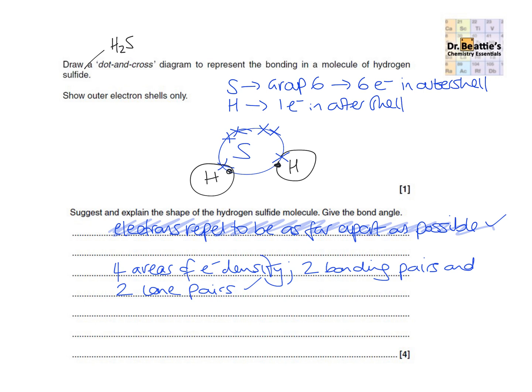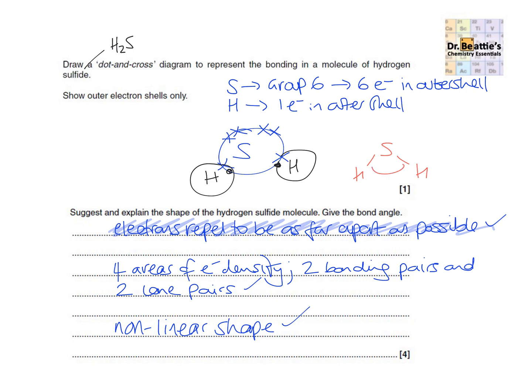And then with this information, we can deduce the shape and the bond angles. So the shape of this is going to be non-linear. And remember that the bond angle for this is between the S, the H, and the H. So it's an HSH bond angle.